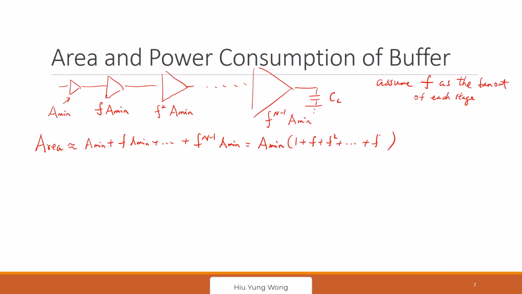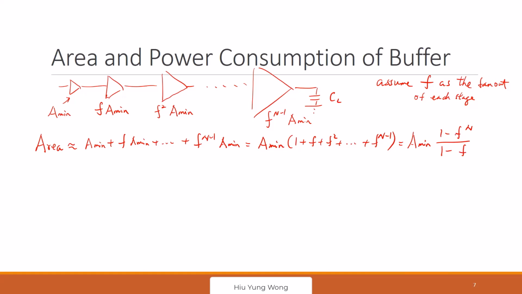The rest is just a geometric series. So it becomes A min times (1 minus f^n) over (1 minus f), with n terms. So this is the equation.